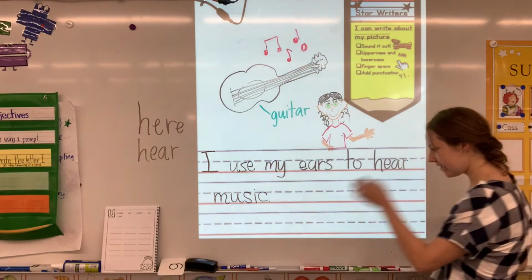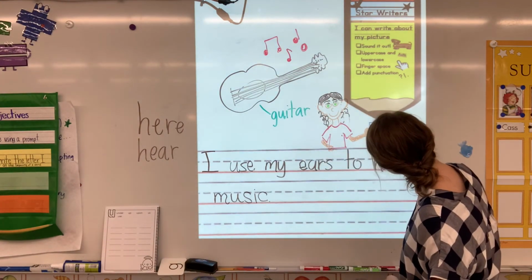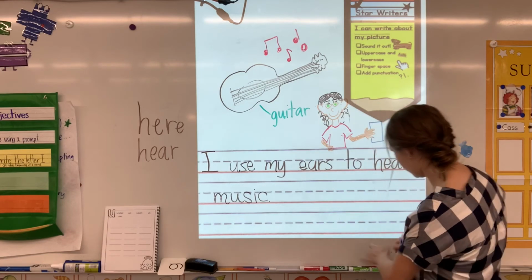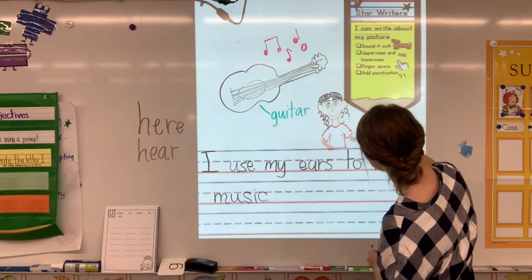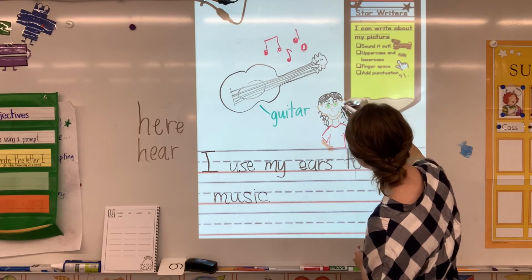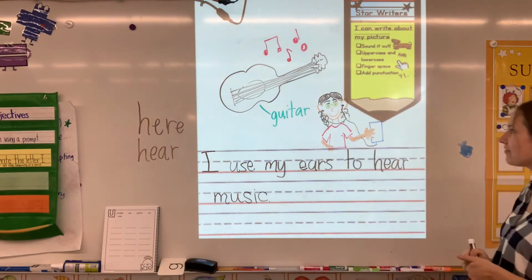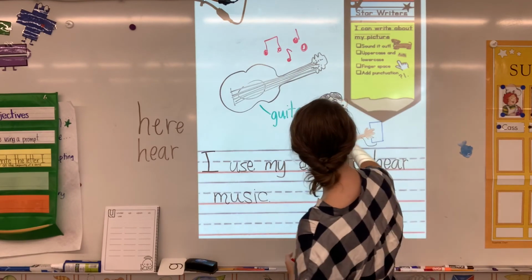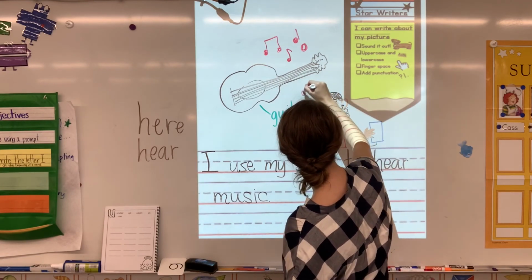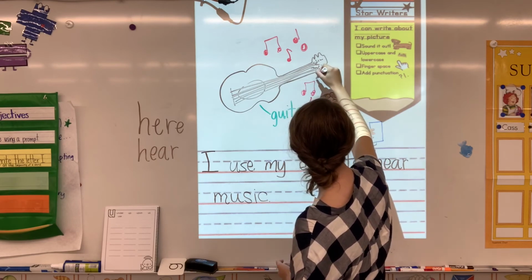I'm going to add that I listen to my music using my phone a lot of times and my headphones. So that's what I'm going to draw here. I'm going to draw my headphones connected to my phone and in my ears. So there's my headphones, they're in my ears, and then this is the music that is playing, coming out of my headphones.